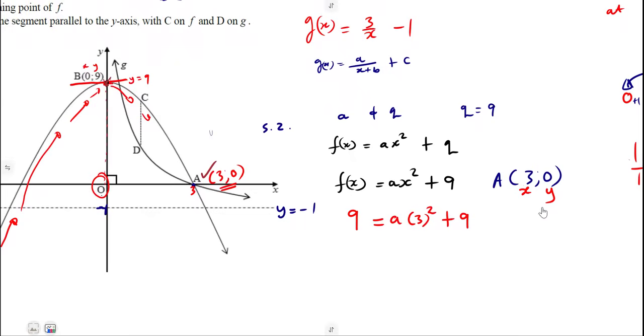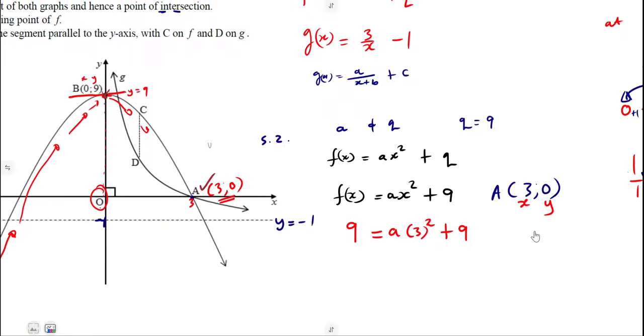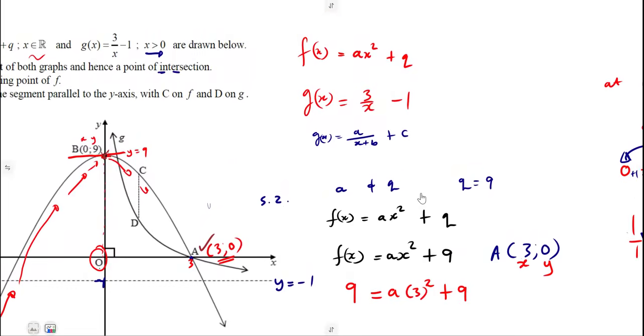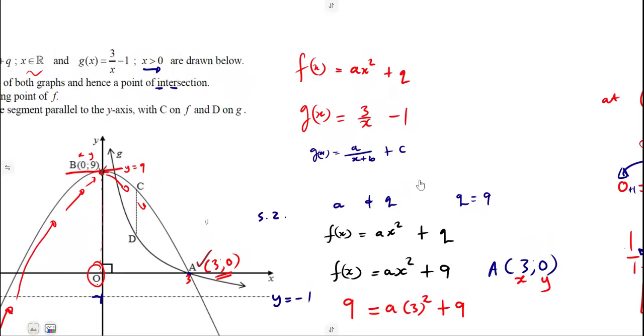In that manner, what are we going to have at the end of the day? That is 3 squared. Is there anything that I missed here? Ax squared plus q.